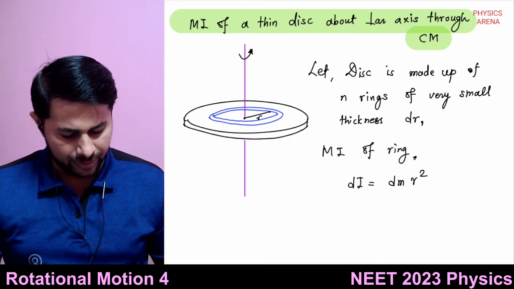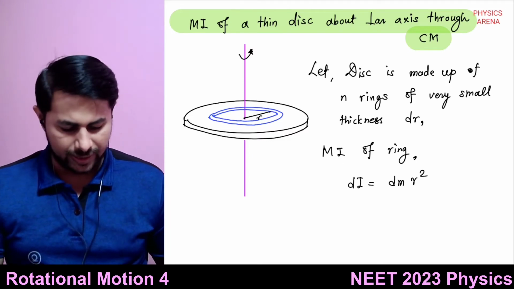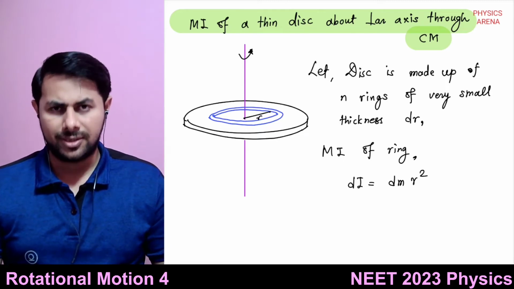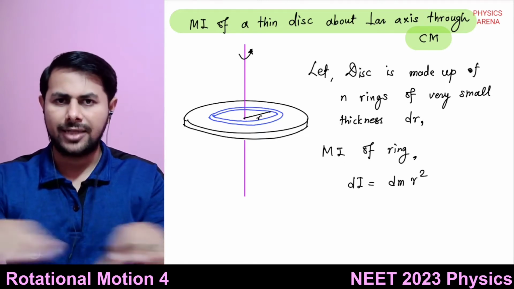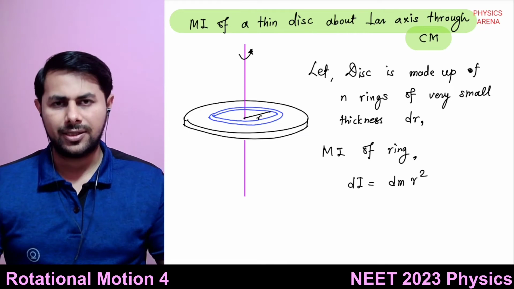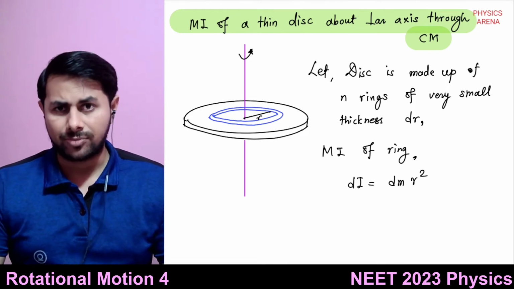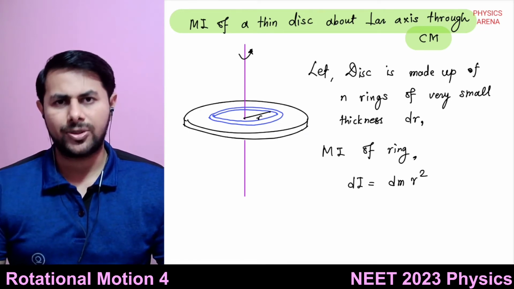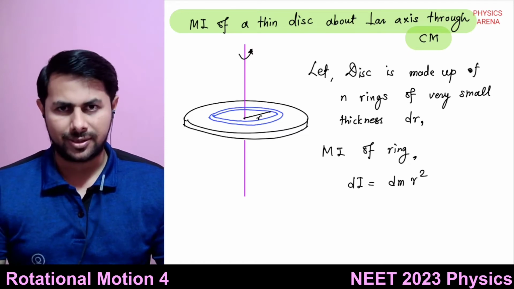So what we do is we consider that the total mass of this disk, because this disk has got some area, is uniformly distributed all over the area of the disk.